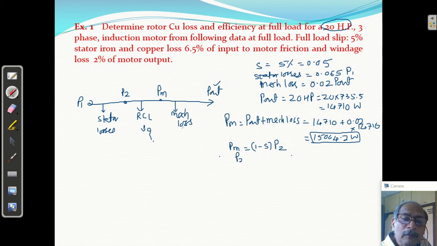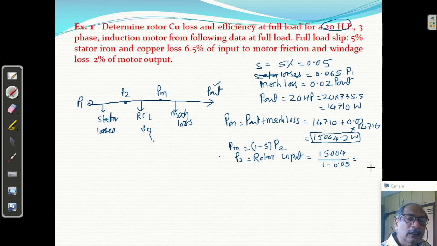P2 is nothing but the rotor input. PM is 15,004.2, so P2 equals 15,004.2 upon (1 minus S), where slip is 0.05. Based on that, we will get P2, that is the rotor input.